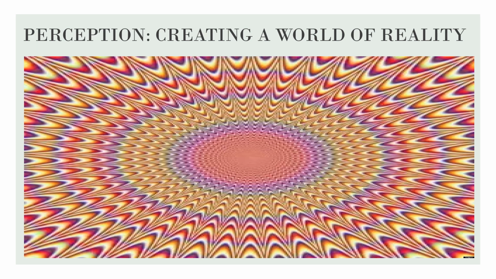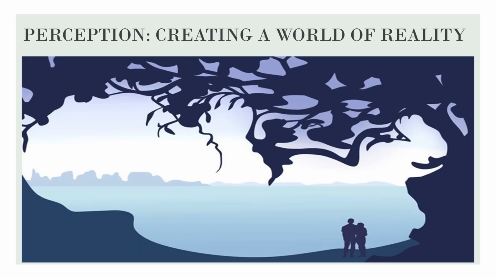Is this picture static or moving? It seems to be moving. What are you seeing in this picture? How many see a baby? How many see something else?